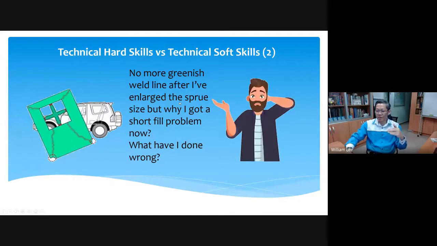When you lower the melt heat, it means you do not have enough heat, then you have a short molding. Instead of solving the old problem, now you create a new problem. So the weld line may be solved, but because you lowered the melt heat and enlarged the sprue size, you end up with the short shot problem. So you therefore have to understand some of the science behind this process. How do you tackle the problem by looking into the inside of this molding process?